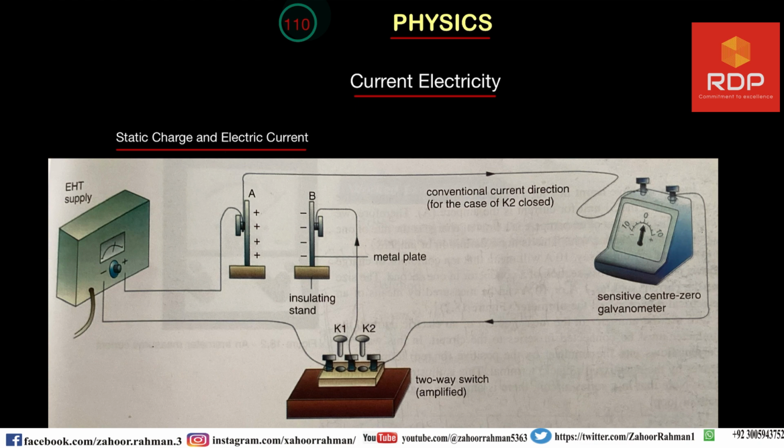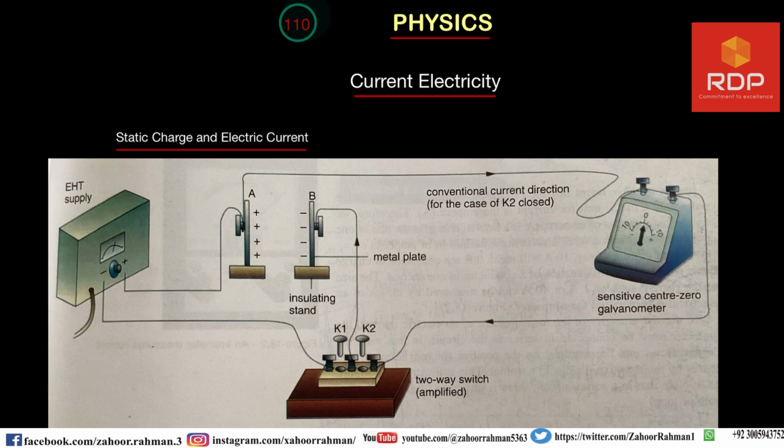to provide a continuous conducting path linking the charged metal plates to a sensitive centre-zero galvanometer, which is this one. Remember that a galvanometer is a device which is used to detect the current. It is used for detecting the current and not for measuring the current.